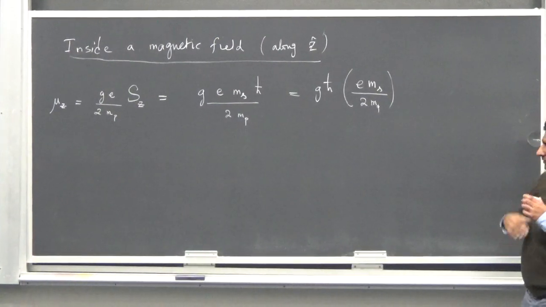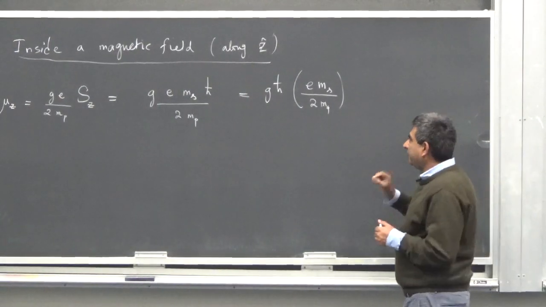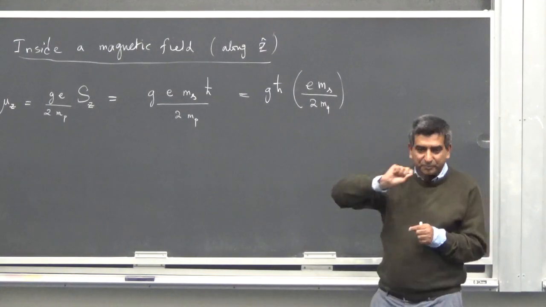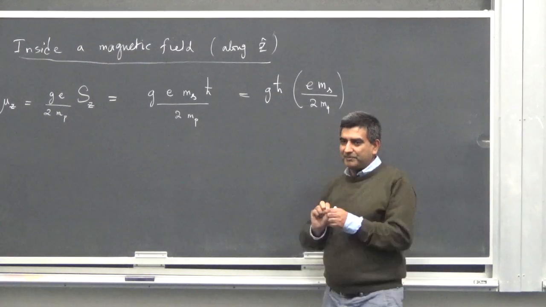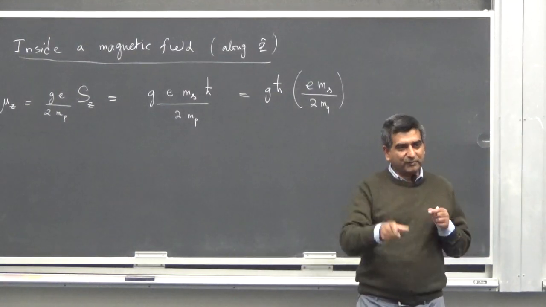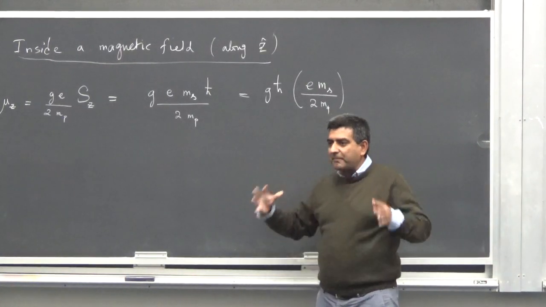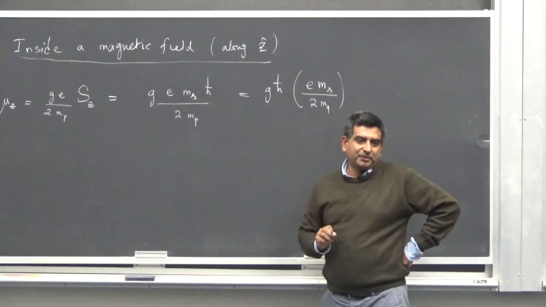This is what the Z component of the magnetic moment looks like, and actually you can put in values. So ms could be plus half, minus half, m_p you can put in the mass of a proton, and you know what the value of h bar is, you can put in the value of g for a proton, which is about 5. You can actually find out what mu is in ampere meter squared. It's a very small number.